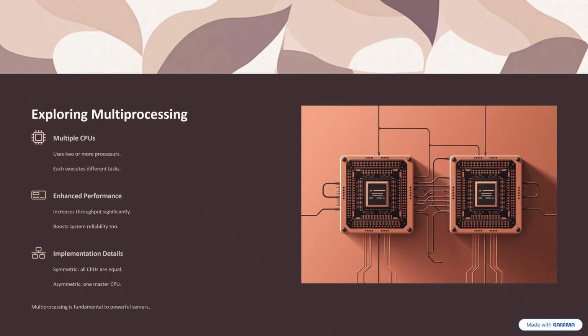Let's explore multiprocessing now. What is it? Multiple processors or CPU cores are available, and each can run a different process at the same time. Why is it useful? It boosts performance and reliability. If one CPU fails, the other keeps going.